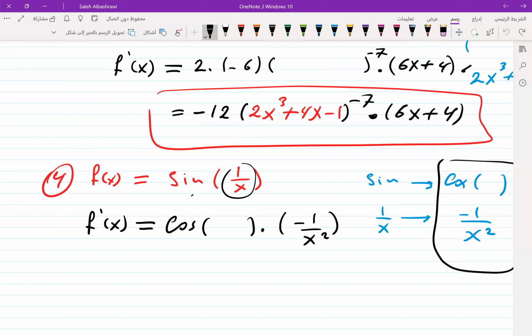So sine gave me cosine, and 1 over x gave me minus 1 over x squared. Now what should we write inside the bracket? It is the angle as it is, no change. It is cosine of 1 over x. Then we differentiate that angle, which is minus 1 over x squared. So the derivative is cosine of 1 over x multiplied by minus 1 over x squared.